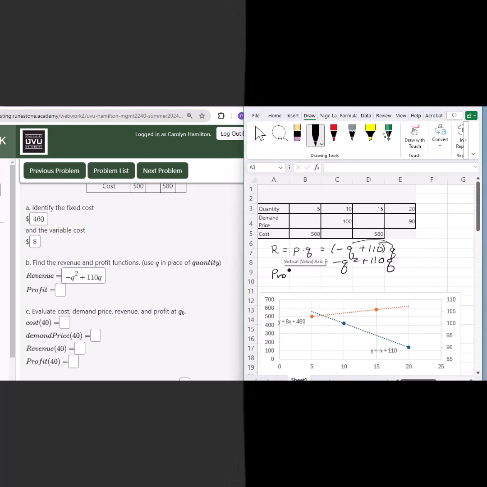And now for profit. Profit is revenue take away cost. I just built my revenue function, negative q squared plus 110q. Take away my cost function, which is 8q plus 460.